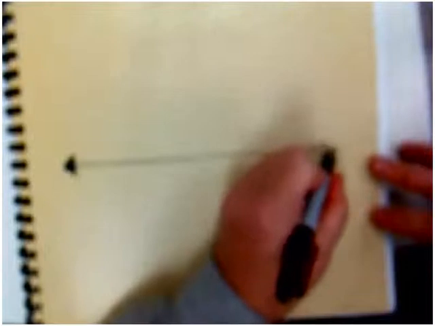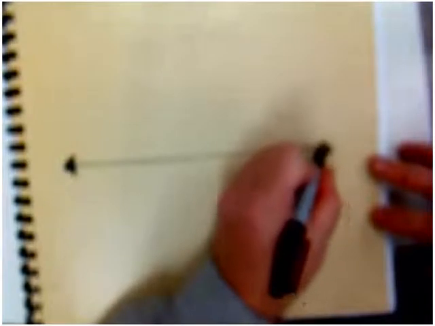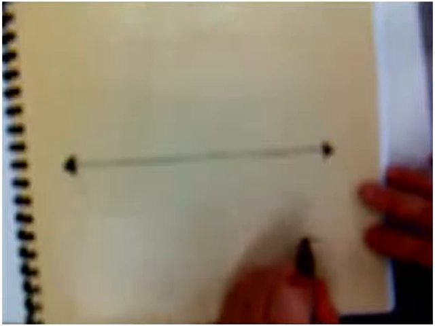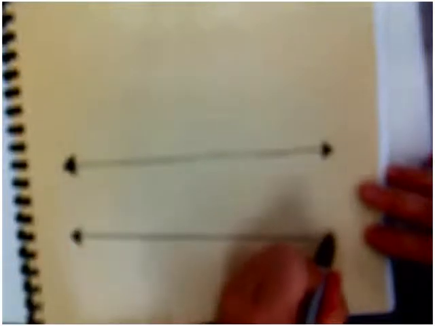There is not an arrowhead in the midst of the line anywhere, so we know that they're not parallel. We have another line again running west to east, east to west. It's slightly skewed. Skewed means that it's not quite horizontal.